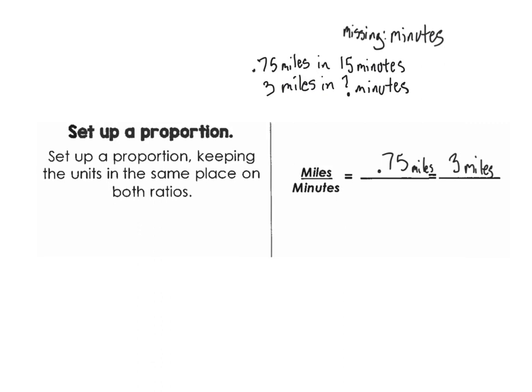Now the minutes go on the bottom, and we need to make sure we keep everything matched up. So 0.75 stays with 15. Those are in the same line up here, so they need to be in the same line here. So we put 15 right under 0.75. And then our question mark, or an x, goes right under 3.